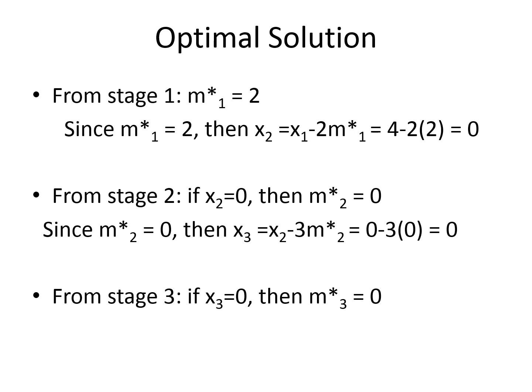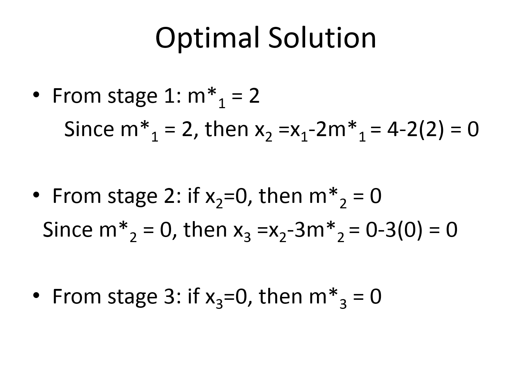So from stage 2, I read that if x2 is 0, because I know x2 is 0 here, I look at x2 in the previous table. I find that M2 star is 0 in that case. Since M2 star is 0, then x3, which is x2 minus 3 M2, is 0 minus 3 times 0, so the whole thing is 0.